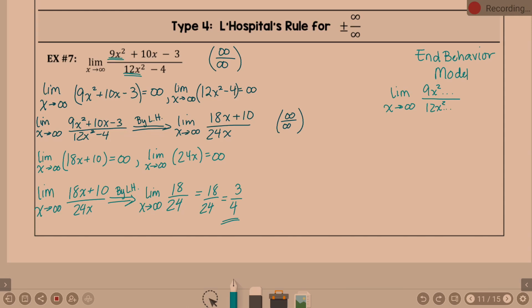Right there you can say, oh, it's 9/12, which is 3/4. That's a good shortcut; if you caught that, we could have been done a long time ago. However, what's my proof here? L'Hopital's works, whether you like it or not.